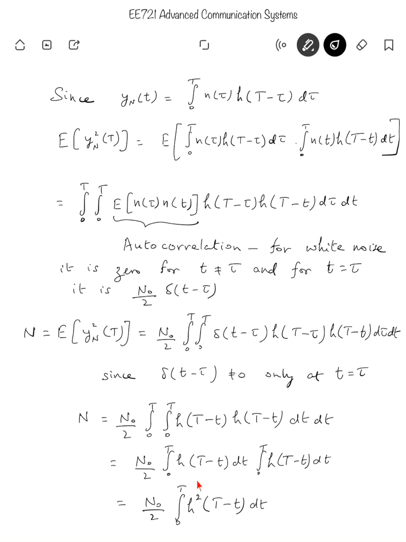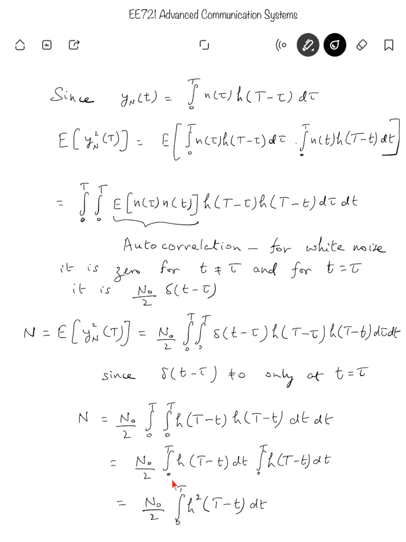And basically you get this as N naught by 2, the square of the shifted version of the impulse response, h squared, right? So the noise power is now given in terms of the noise power spectral density N naught by 2.